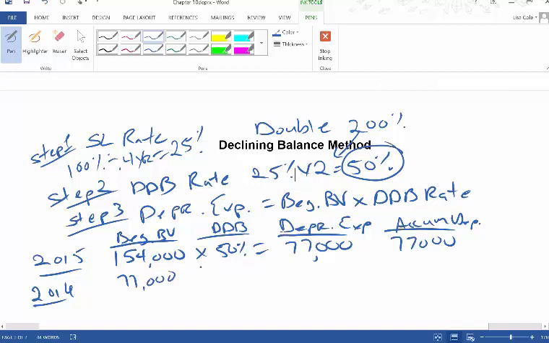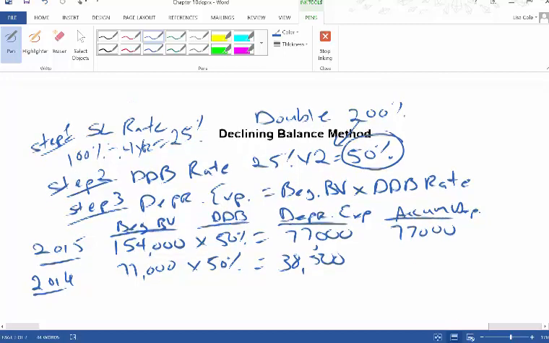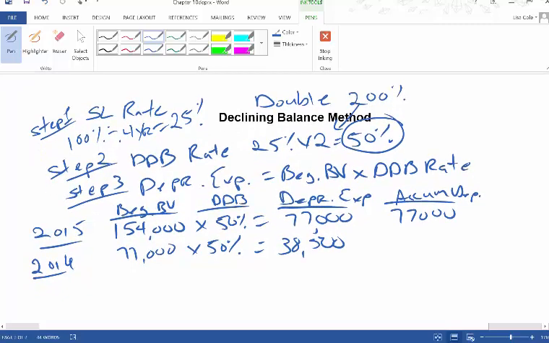I multiply that beginning book value times the 50% again, and in that year I get $38,500 for my depreciation expense in 2016. If I take the $77,000 for the previous year plus my new $38,500, I get accumulated depreciation of $115,500.